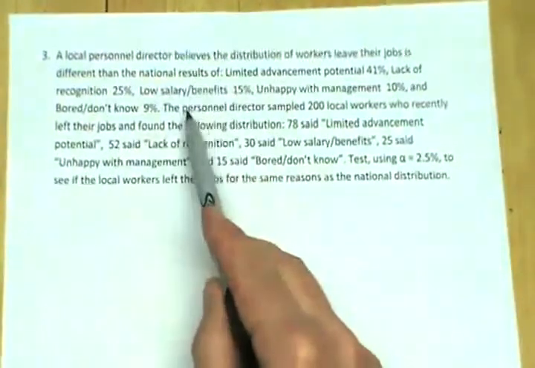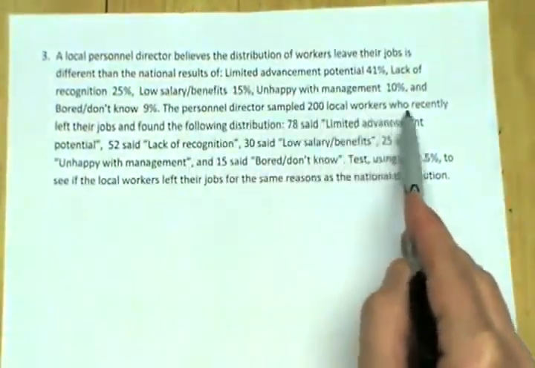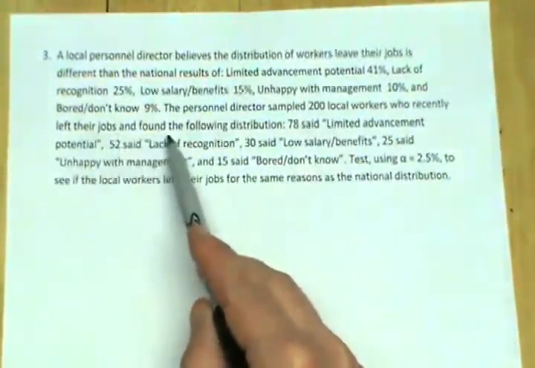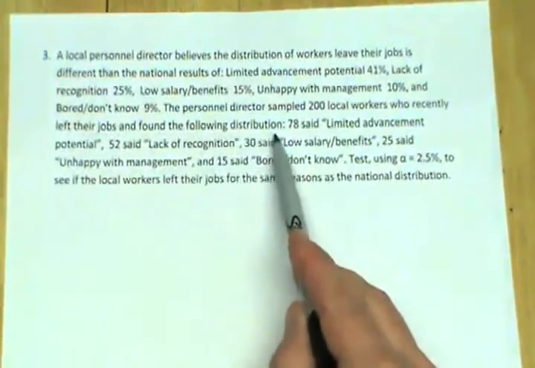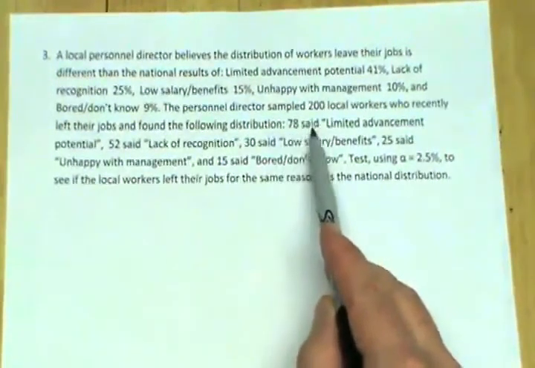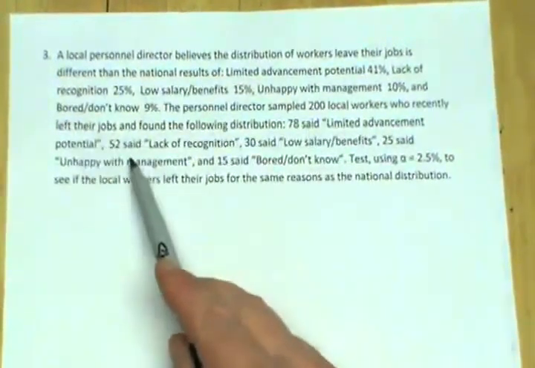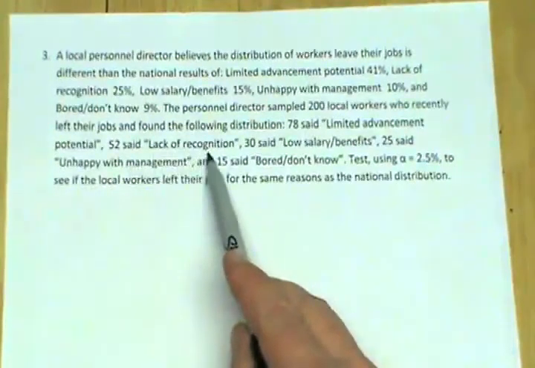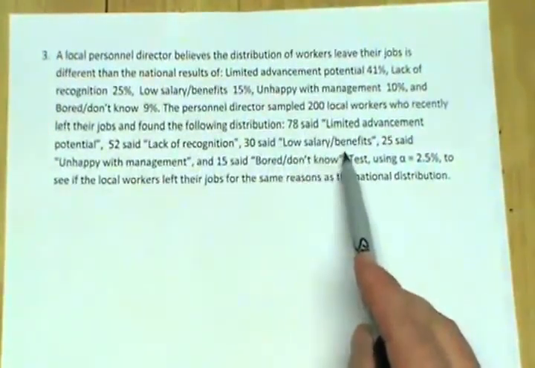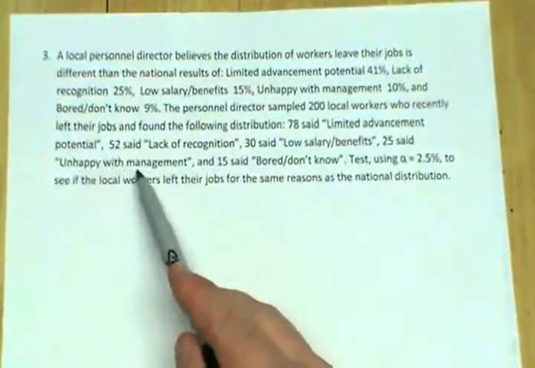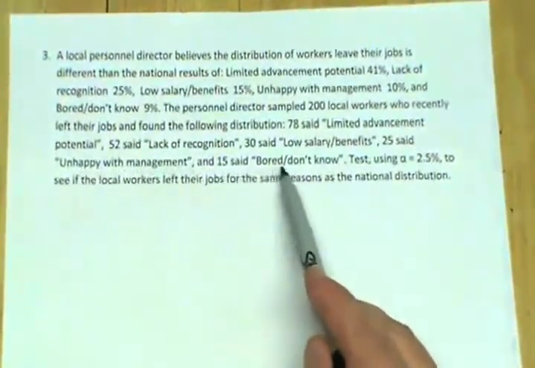The personnel director sampled 200 local workers who recently left their jobs and found the following distribution. 78 people said limited advancement potential, 52 said lack of recognition, 30 said low salary or benefits, 25 said unhappy with management, and 15 said bored or don't know.